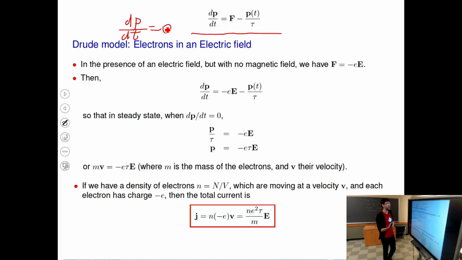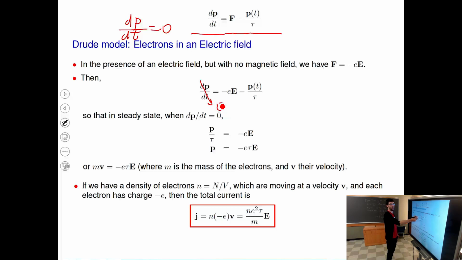A solution with dp dt equal to 0 is called a steady state solution. So there is no time dependence to the parameter we're trying to find. For now, it has been momentum. We will convert it into something more measurable in a bit.